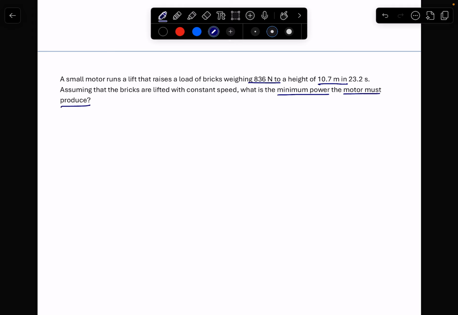Okay, power is equal to work by time. I know work is force times distance. Here my F is equal to 836 newtons.